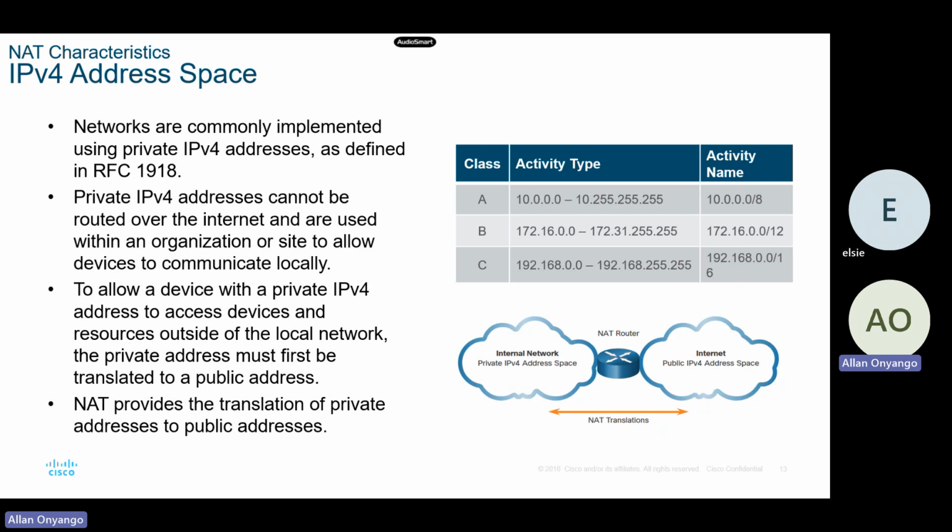What they do is they give us one public IP, and they tell us to use our internal private IP addresses for the internal addressing. And now all the 255 devices can share this one IP. All the devices in my network will be able to share only one public IP, right?